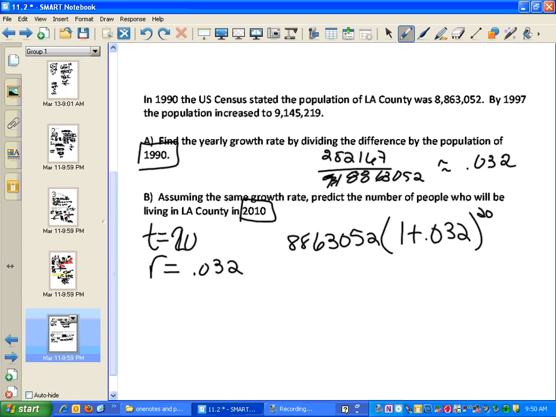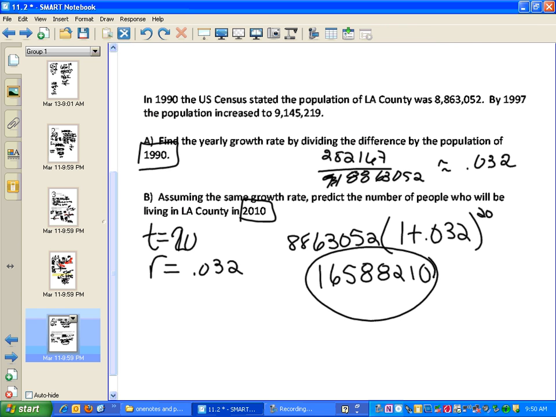You got a lot of people. I got 1, 6, 5, 8, 8, 2, 1, 0. Now, can I have 0.96 people? You didn't get that number? Hold on. So 1.032 to the 20th, right? Times 8863052.